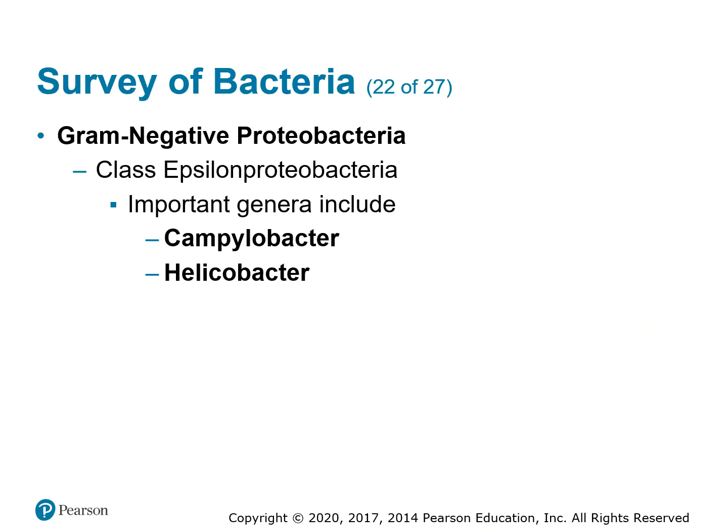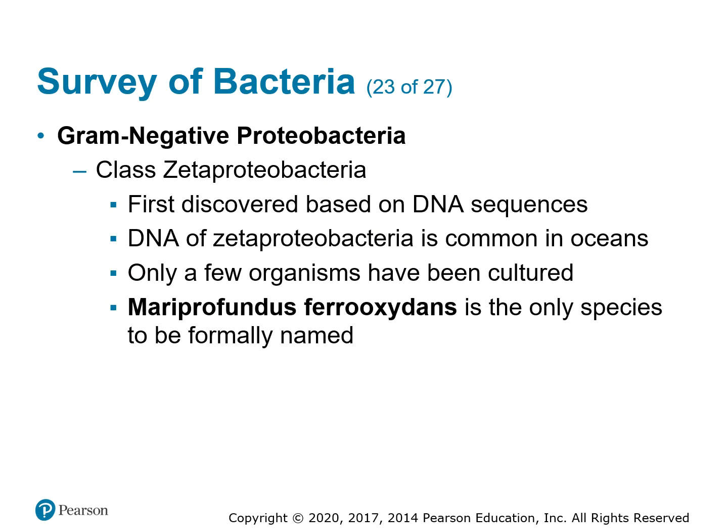And then the class Epsilon proteobacteria, there's two important genera that we talk about here, the Campylobacter and the Helicobacter. The class Zeta proteobacteria, these were first discovered based on their DNA sequences. The DNA of Zeta proteobacteria are common in oceans. Only a few organisms have been cultured, and only one species has been formally named.